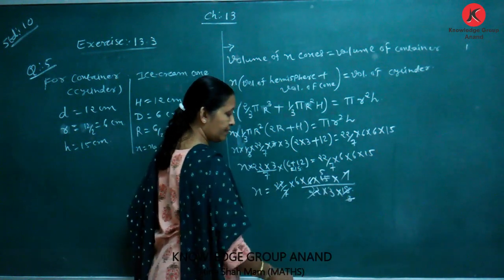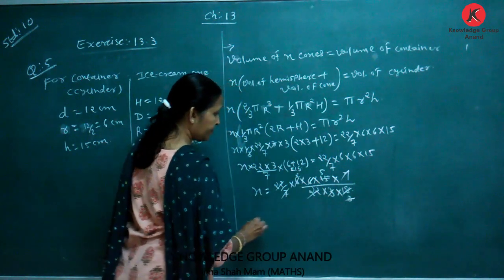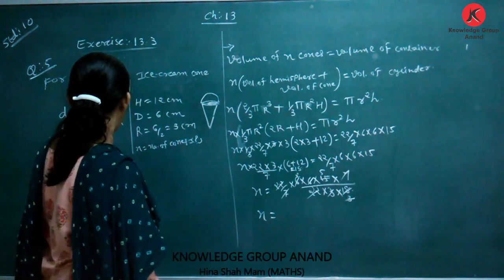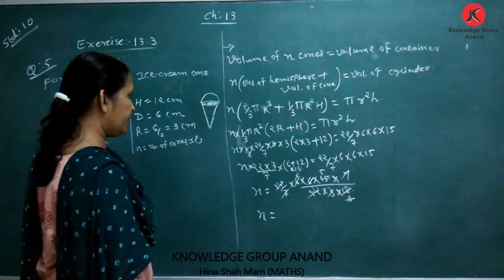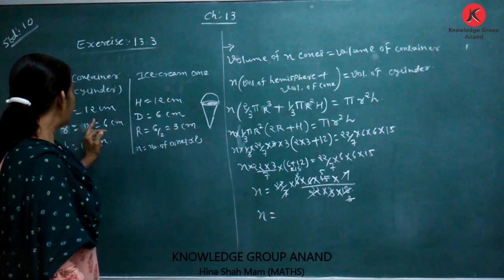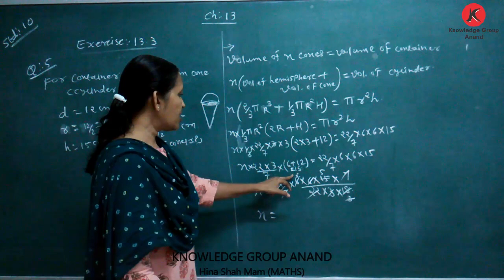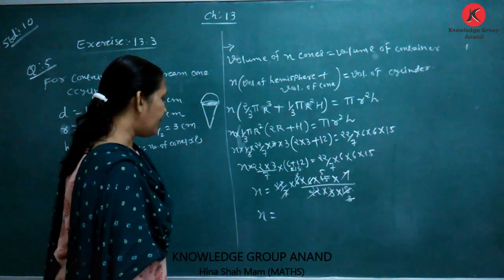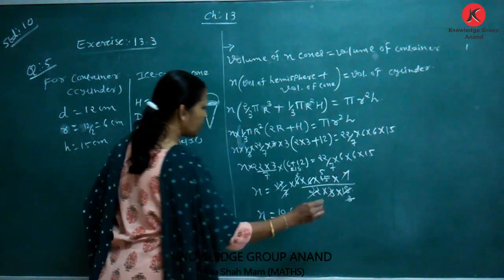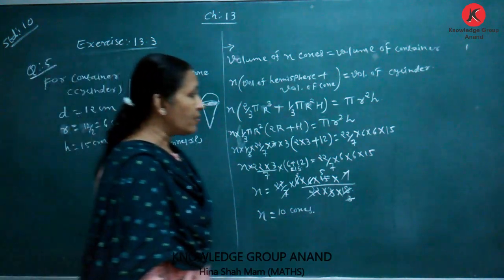Then H is equal to 12 plus 3 2s are 6, 18 here. Then n is equal to 10 cones. Number of cones is equal to 10 cones.